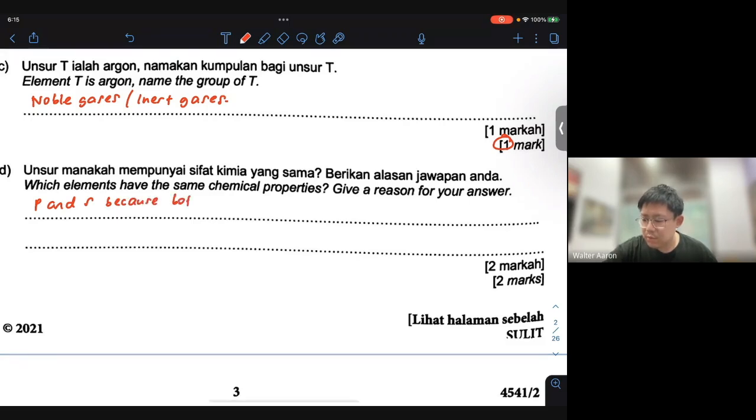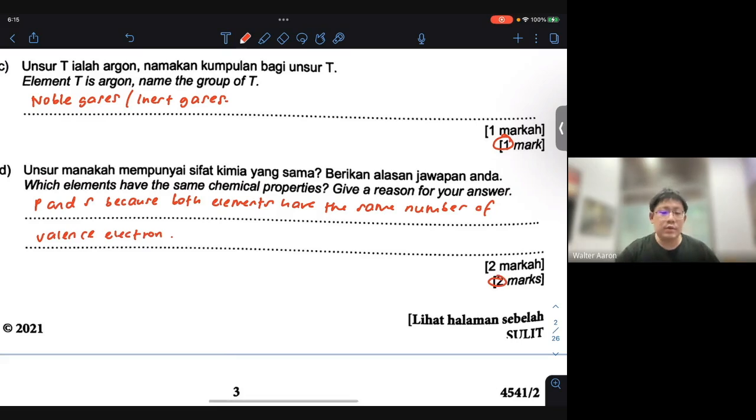Because both elements have the same number of valence electrons. There is only 1 valence electron because they're group 1 elements.